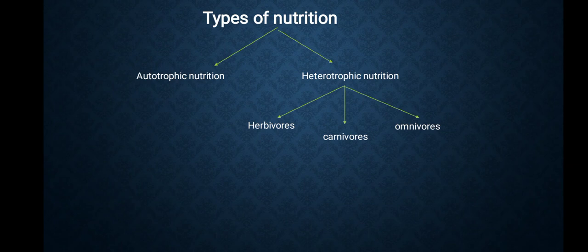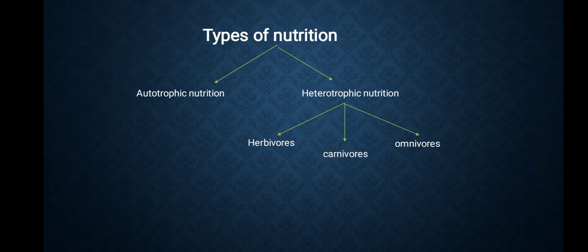And whom do we call carnivorous? Animals that eat the flesh of other animals. For example, lion, tiger. And the next one is omnivorous.